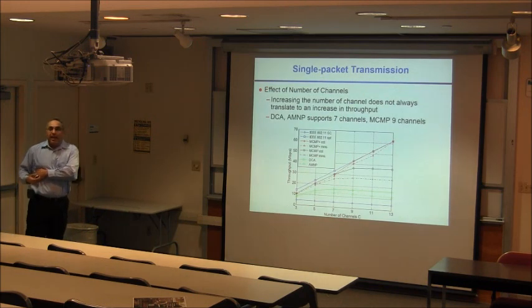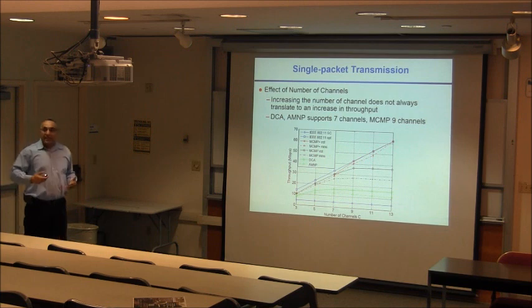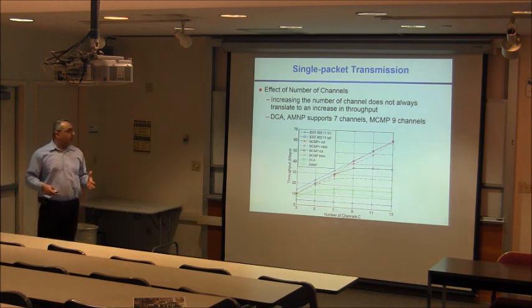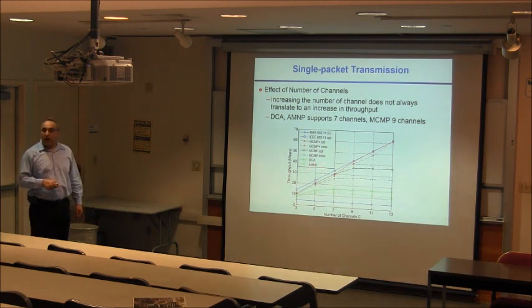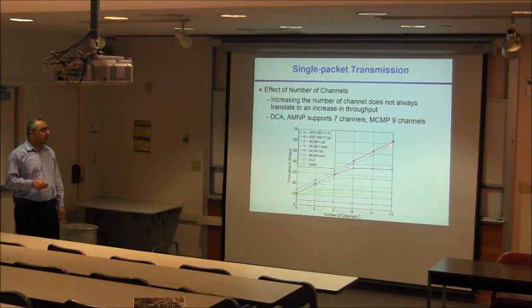Okay? Then we said, let's see how our protocol compares with the current solutions, DCA and MMP. How do they work if I increase the number of channels? I said this is the single channel solution. This is the multi-channel optimal solution.